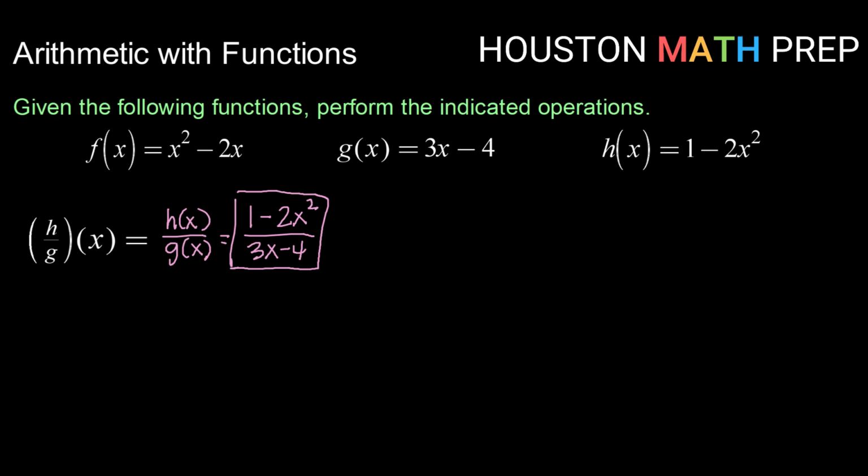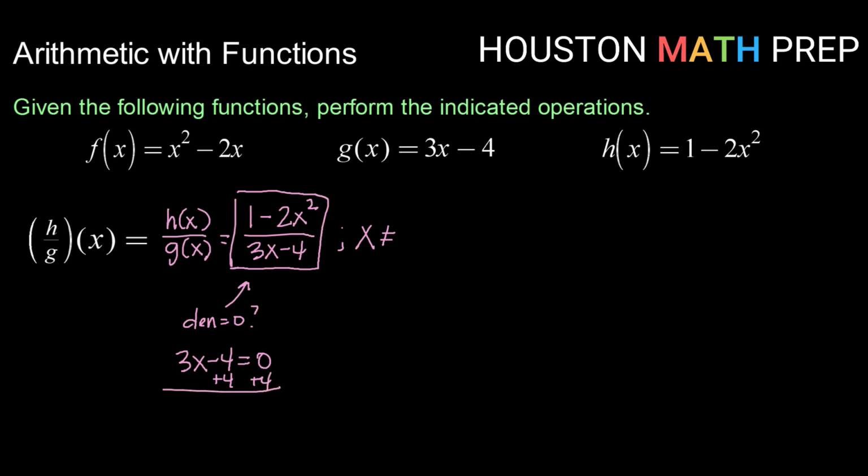But with our quotients, we typically want to also state what x cannot be. We get excluded values, or values that x cannot be, by asking what would make the denominator 0. So here, 3x minus 4 equals 0.